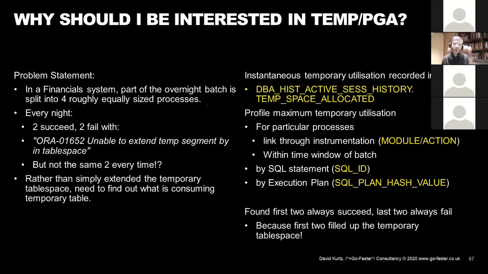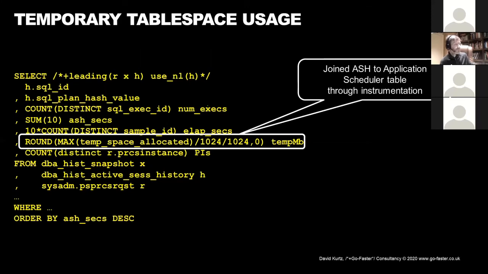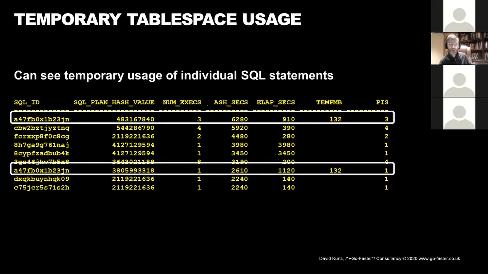So you can look at the ASH data, and you can now start to say, well, for each SQL ID, for each plan hash value and module, how much temp space does it use? And so we said, what's the maximum amount of memory that each SQL ID uses? And we got a profile, and we picked out these 2, one SQL statement with 2 different execution plans, and there's 4 process instances in the application out on the right.